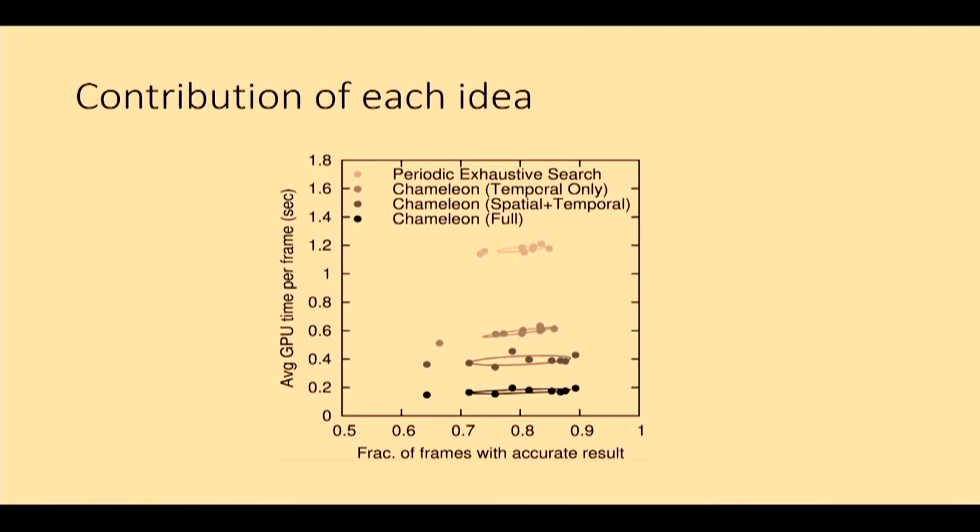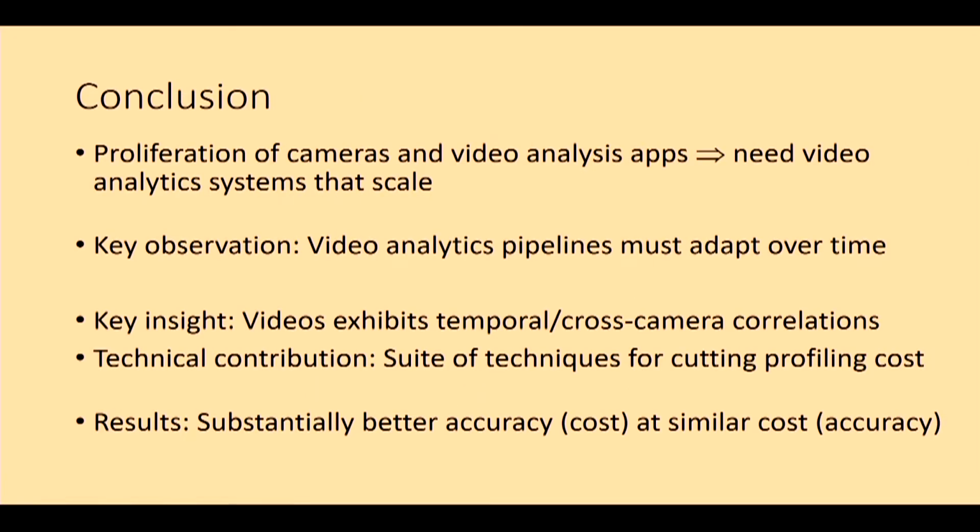Okay, so all of these ideas, the three main ideas we used in our paper, have a substantial effect on performance. So that's it. What we've seen is a general proliferation and trend in the number of cameras and video analysis applications out there. And I think this really calls for a need for video analytics systems that scale. The main observation of our work is that video analytics pipelines must adapt over time because the video content changes over time.